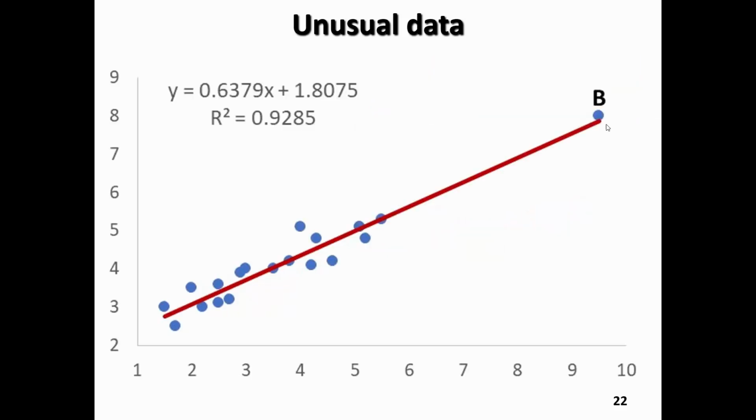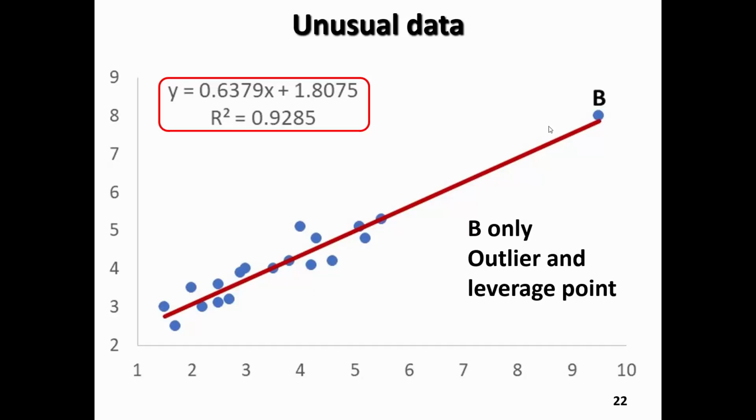The inclusion of B, remember that B was both an outlier and a leverage point. B has a large vertical deviation and simultaneously a large X, or horizontal, deviation. And this is the largest value of predictability that we actually have here.